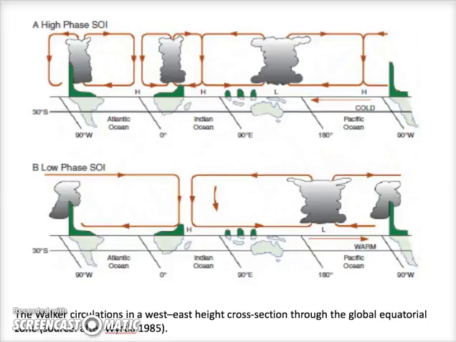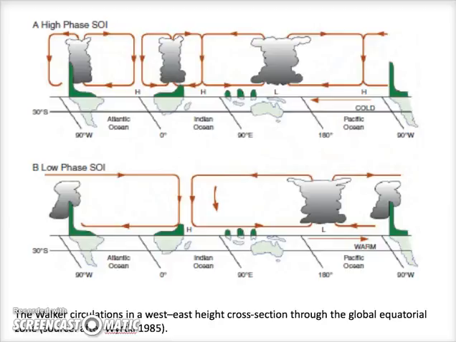Each of these locations is the locus of a heat low, providing strong convection. In the upper troposphere, the air diverges, flowing east and west to descend over the subtropical anticyclones in the eastern parts of the oceans.